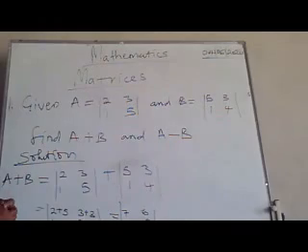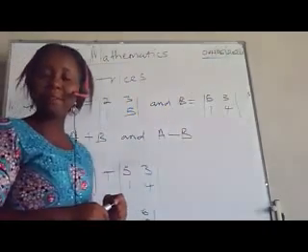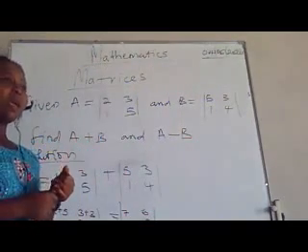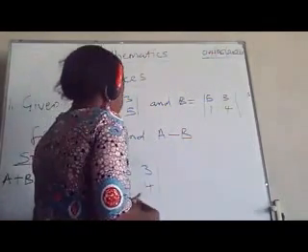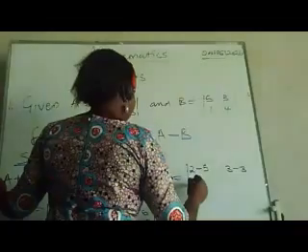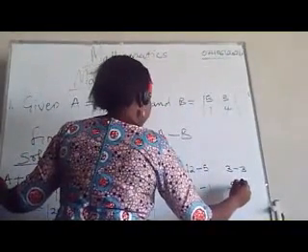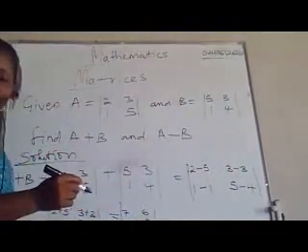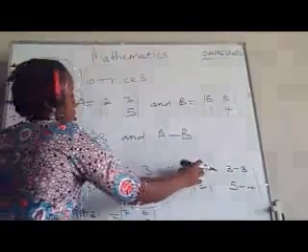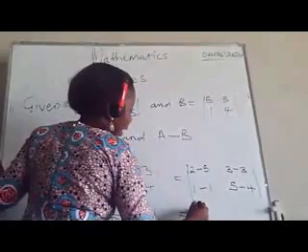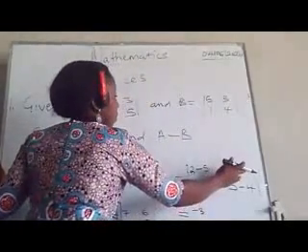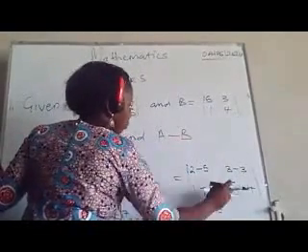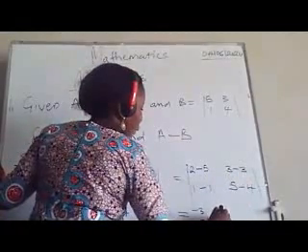Now we want to solve for A minus B. In other words, we want to subtract matrix B from matrix A. So this is done as 5 minus 4, 1.